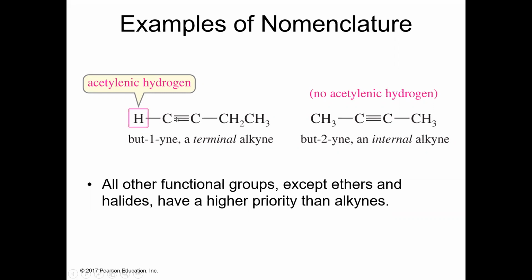But-2-yne, where we've changed the position of the triple bond, is an internal alkyne, and there are no acetylenic hydrogens. All other functional groups except ethers and halides have higher priority than alkynes.